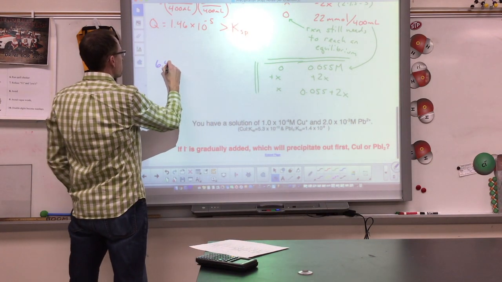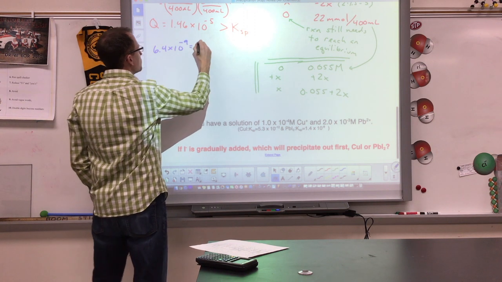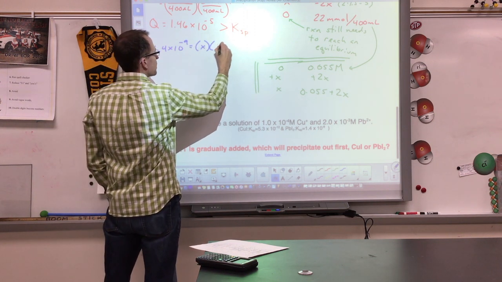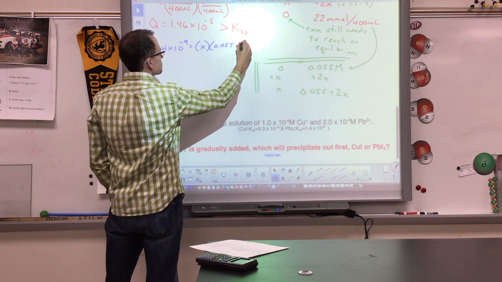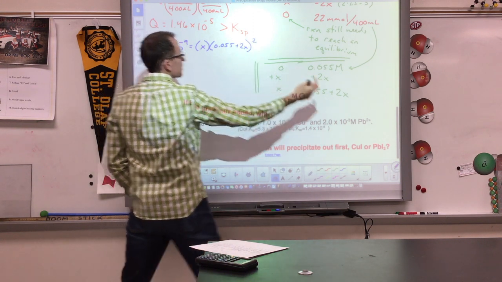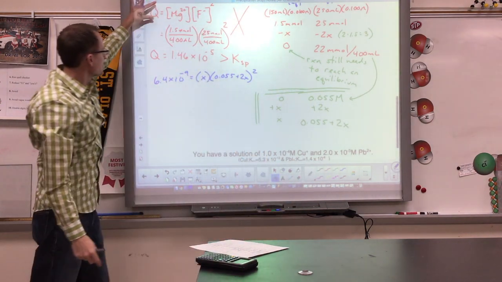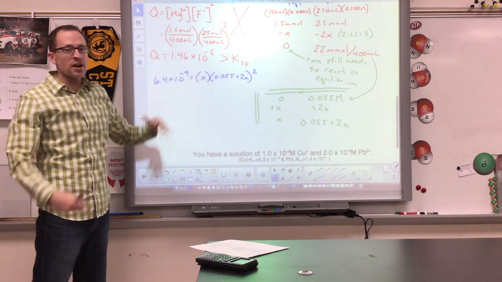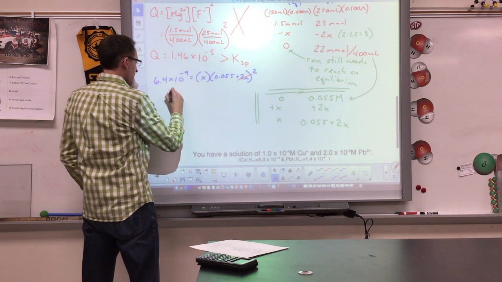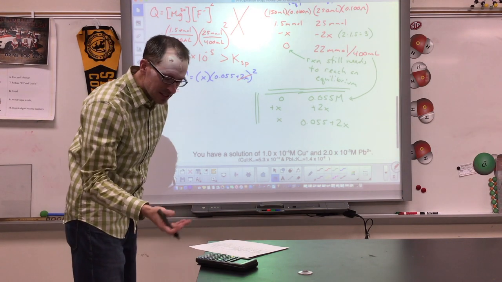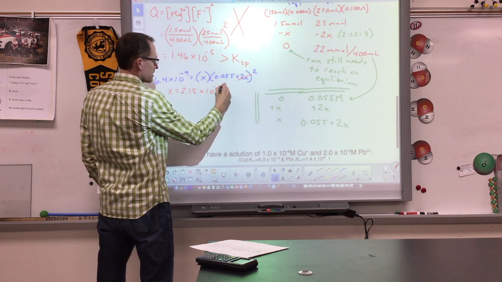So 6.4 times 10 to the negative 9th equals x times 0.055 plus 2x squared. I am plugging it into this. This is now my equilibrium expression. So I cross that off, and I'm going to solve for x. And x is 2.15 times 10 to the negative 6.